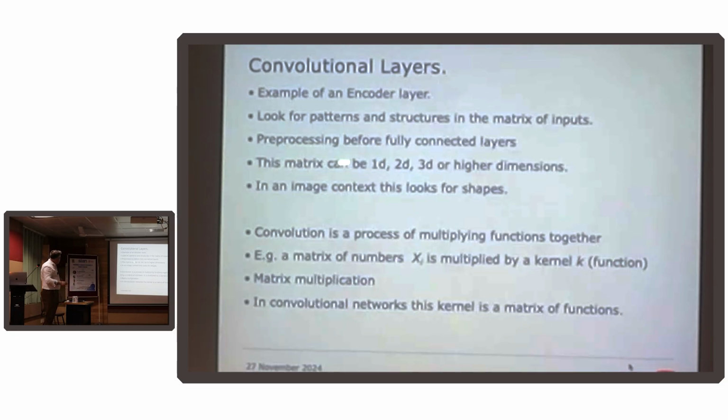So basically it pre-processes matrices. This matrix can be one-dimensional, so it's effectively a line, two-dimensional, an x by y, three-dimensional, a 3D space.